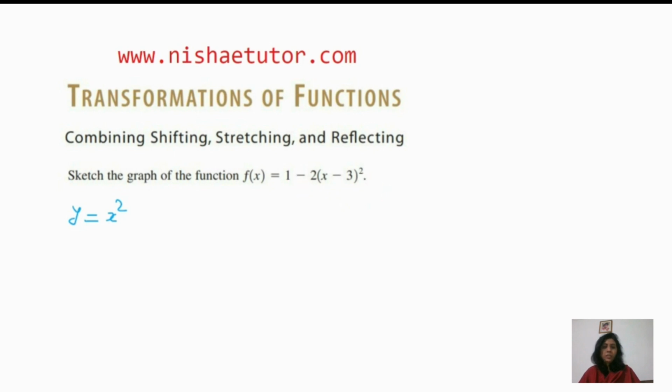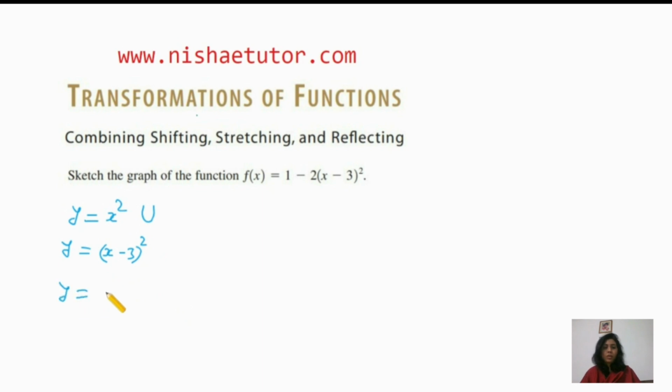It means this function, this parabola, actually x square, it means this type of parabola. So here (x - 3)^2 means 3 units right side. Okay, so this means the parabola or function shifts 3 units right side.